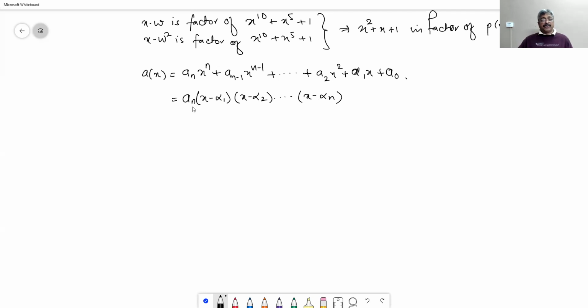Then if we expand this, we will get a n, with an taken out common, and inside the bracket you get x raised to n minus sigma 1 x raised to n minus 1 plus sigma 2 x raised to n minus 2 minus dot dot dot, then minus 1 raised to r sigma r x raised to n minus r.